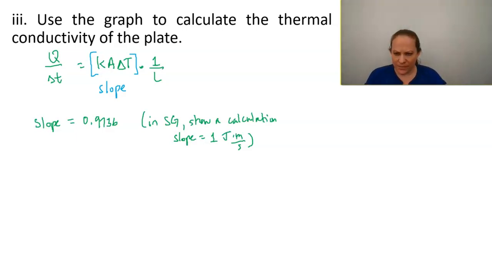So our next step here is again going to say that our slope must be equal to K, the conductivity, times the area divided by the change in temperature.